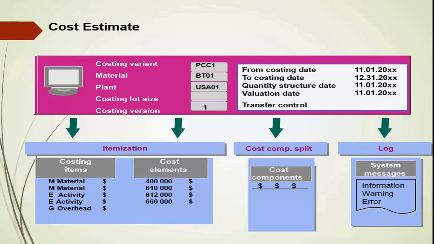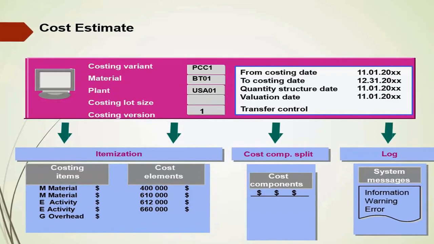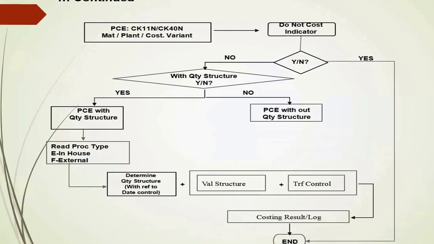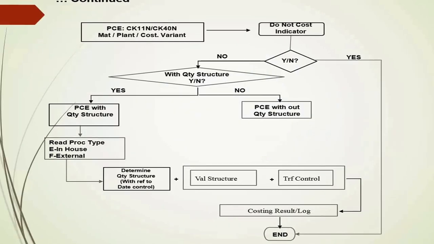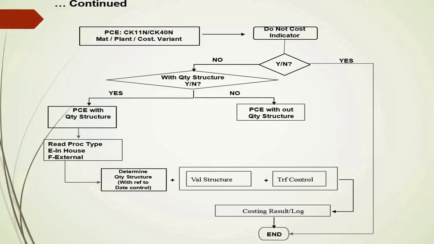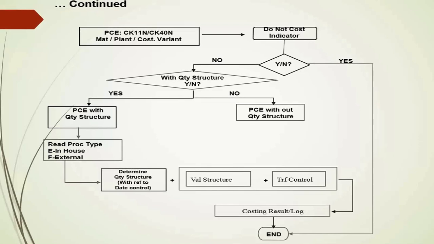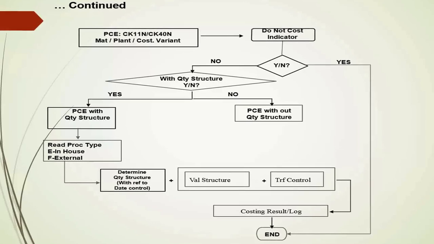Now let's see how standard cost estimate executes in SAP. How does SAP know what to consider, what not to consider? Standard cost estimate is based on the material master. We maintain certain parameters. We saw the tables and material master tabs which are relevant to costing in the previous lectures.